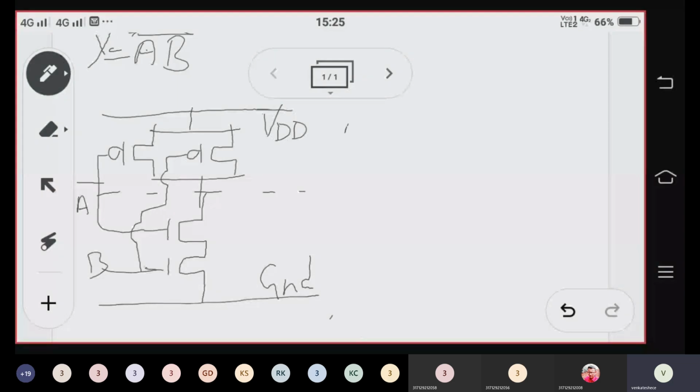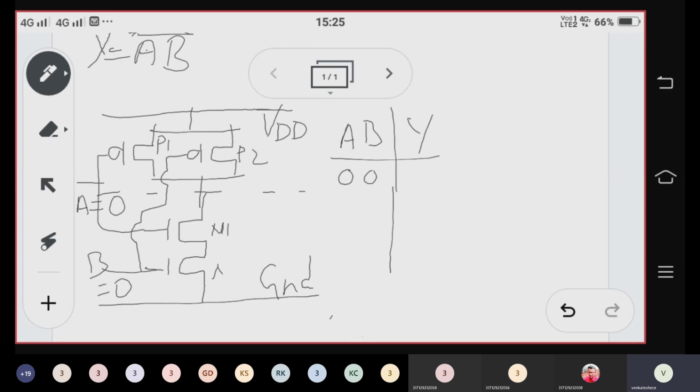Here the inputs are A, B, and the output is Y. Now let us consider initially I give 0, 0 as input, which means A equal to 0 and B equal to 0. Now I am naming the transistors: P1, P2, and similarly N1, N2.